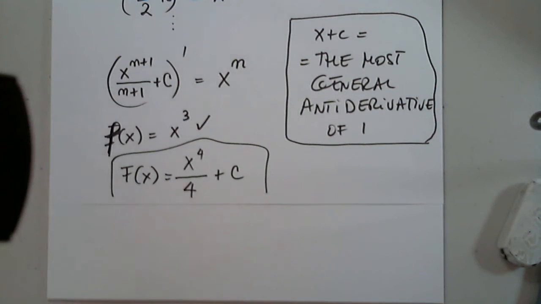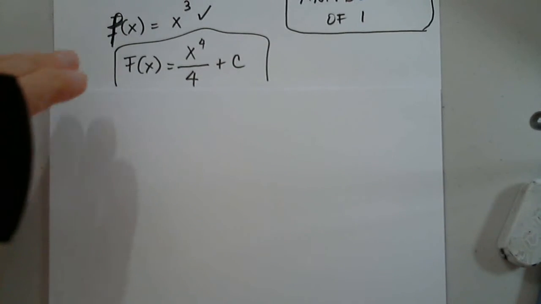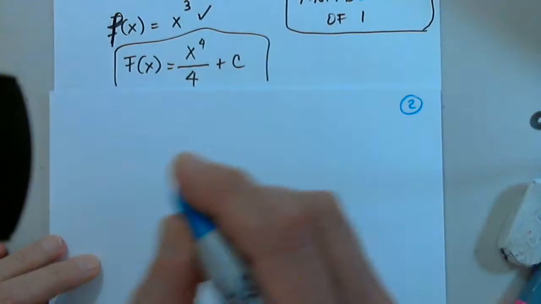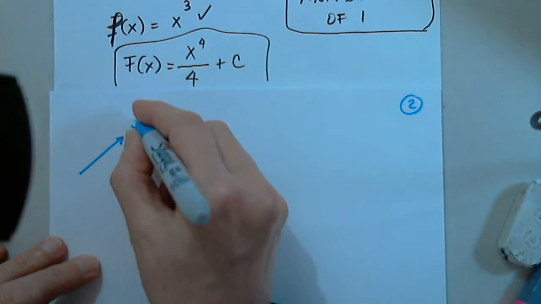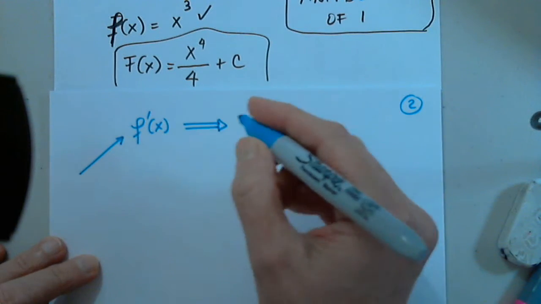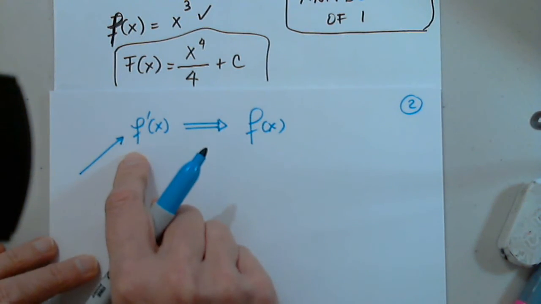And now about the notation. And then we'll look at some examples. So I could be given f prime, and I could be asked to find the function whose derivative is this.